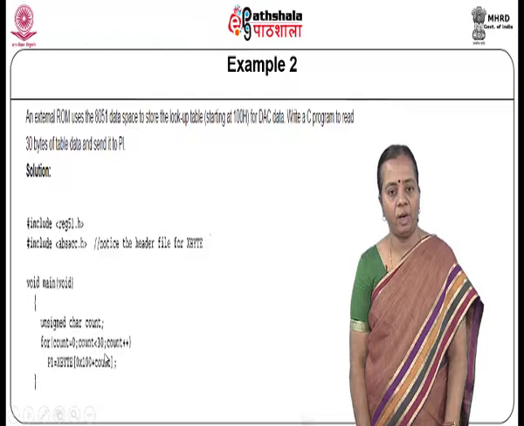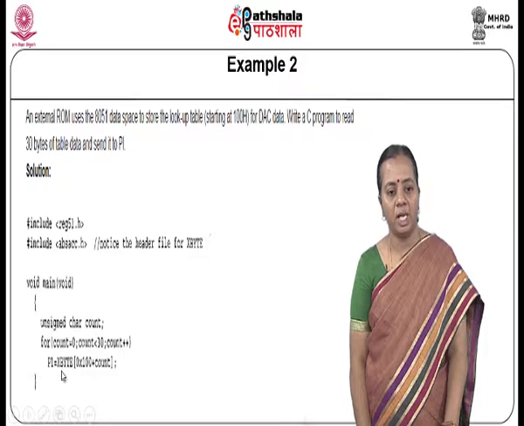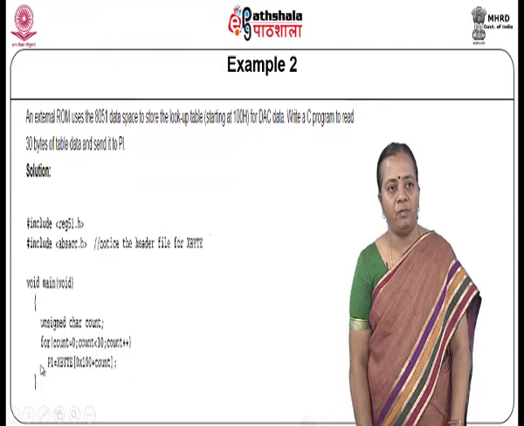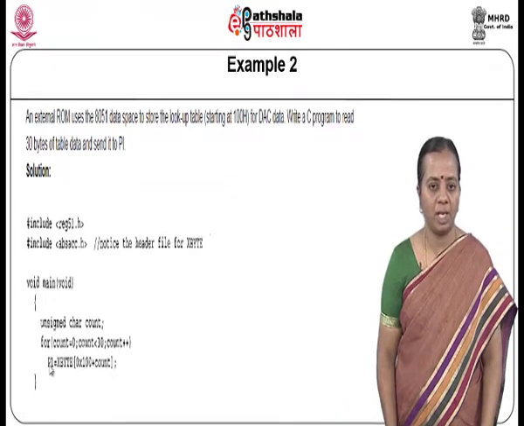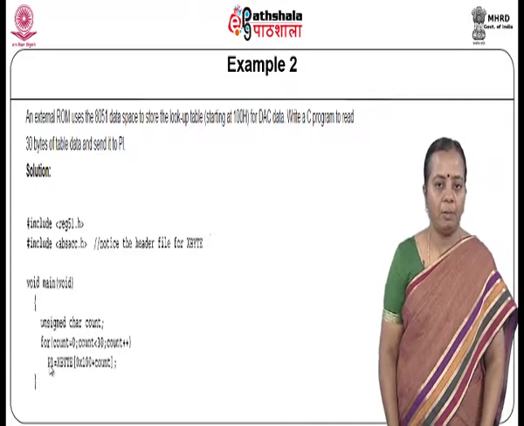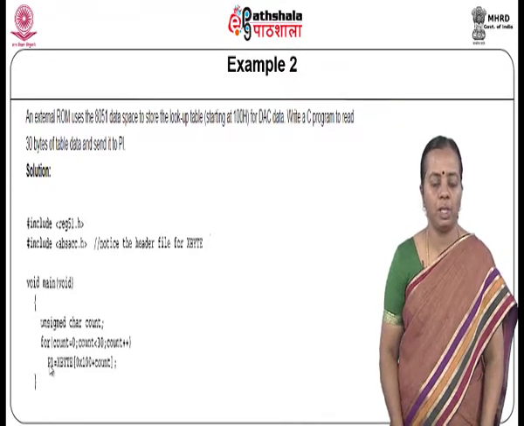Starting from 100h, it increments based on the count, and XBYTE of that value is sent to P1. So, it is a very simple task when you are looking at an external device. Only the connection is very important, but you can refer to it through the word XBYTE. Only thing is you have to include the library properly.